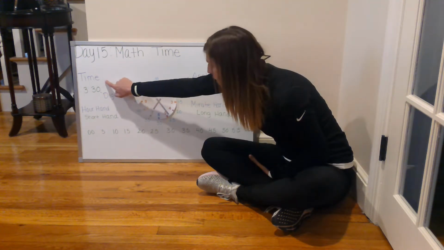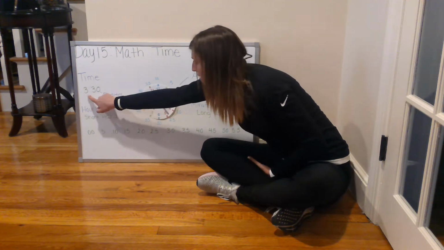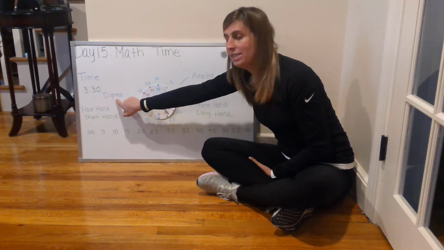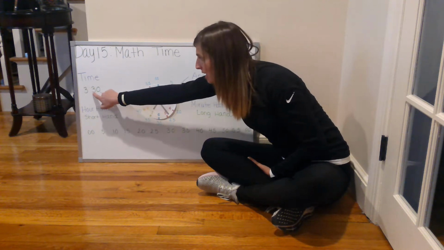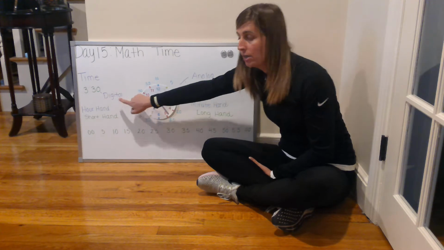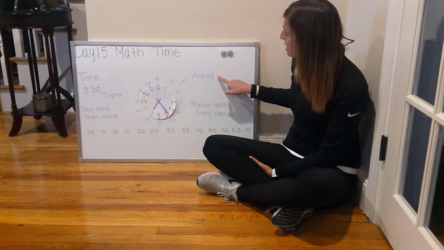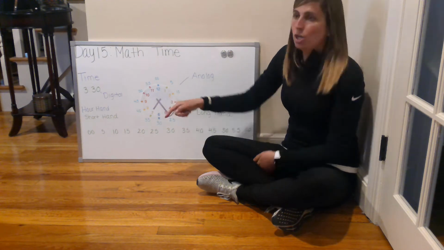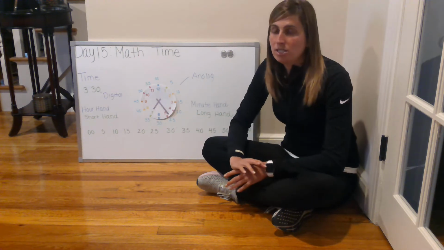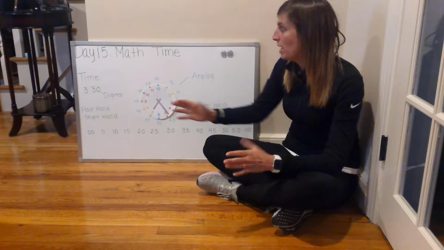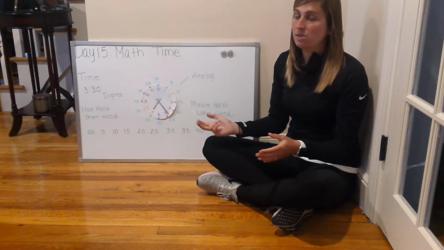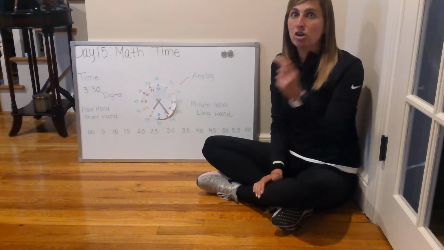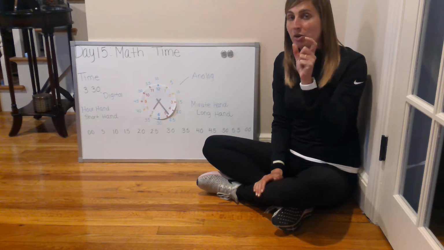So we have time, and then over here I have 3:30, and that's what we call digital time. When we see time like this, it's digital time. My next vocab word is analog, and this is an example of analog time. Previously we talked about different places in your house where you might see digital time, such as on your TV box or on your stove or your microwave.